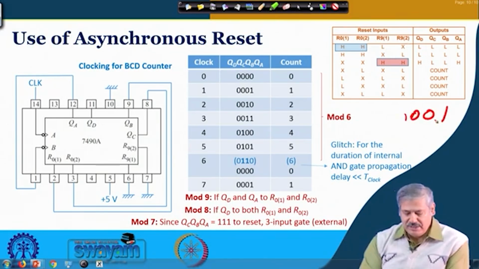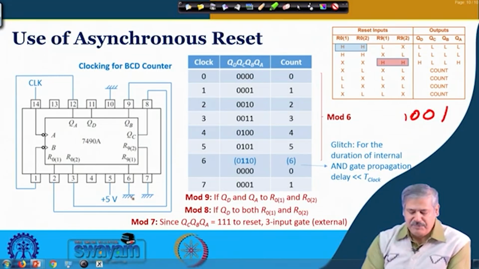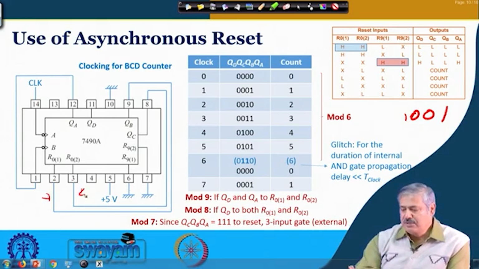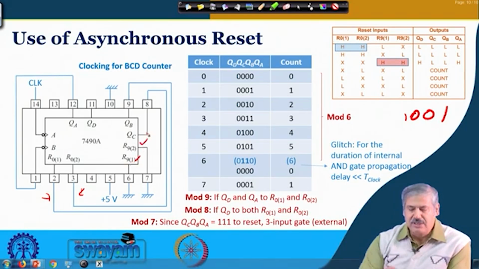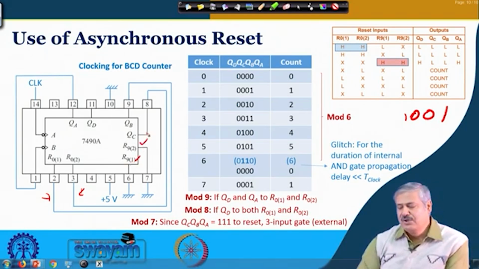So, 6 and 7 earlier we have kept at ground because this is the one that we are using, right. So, if we keep 2 and 3 at ground and 6 and 7, where R91 and R92 are there, if both of them are high, then what happens? 1001 gets loaded, isn't it? Instead of 0000, it will now be having a value 1001.